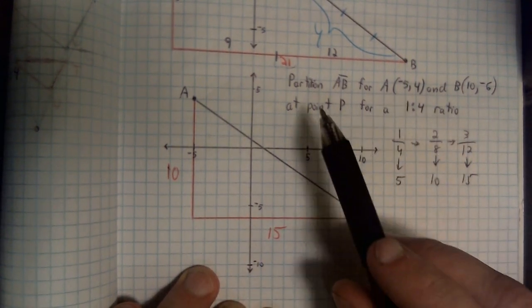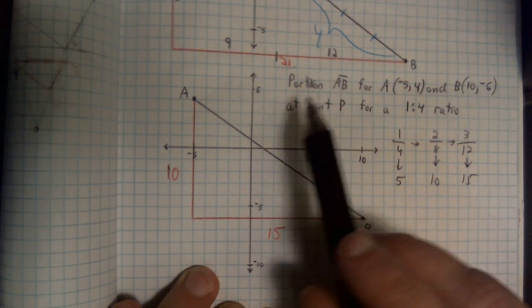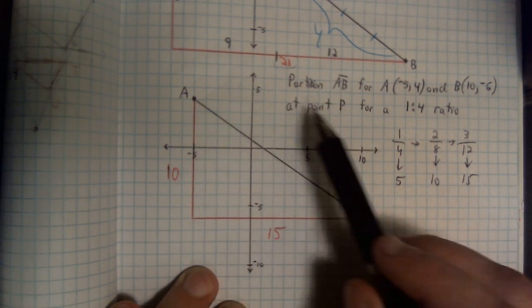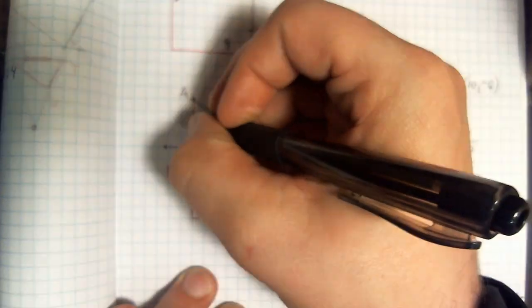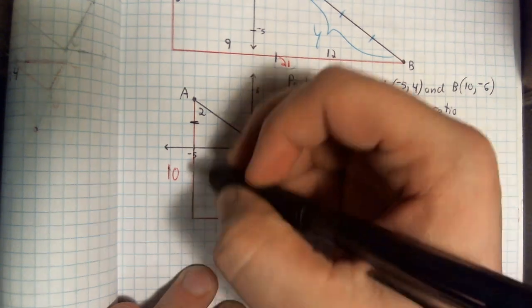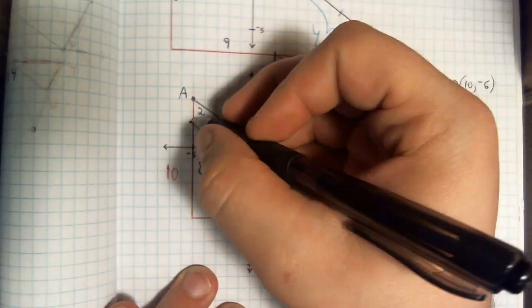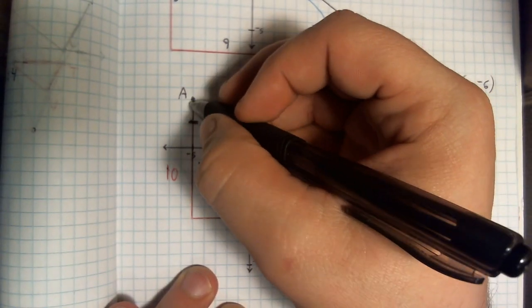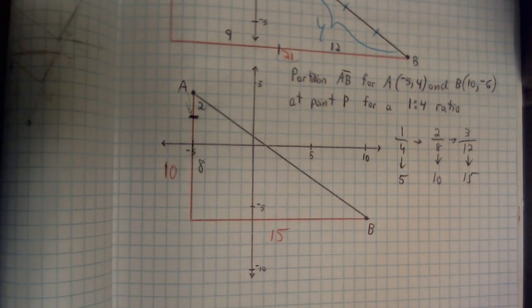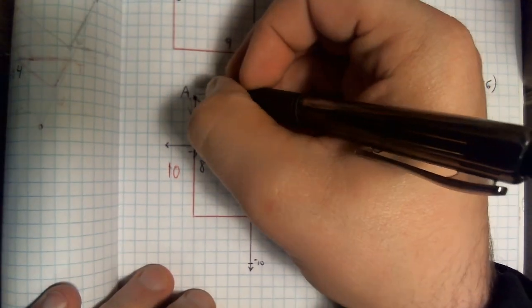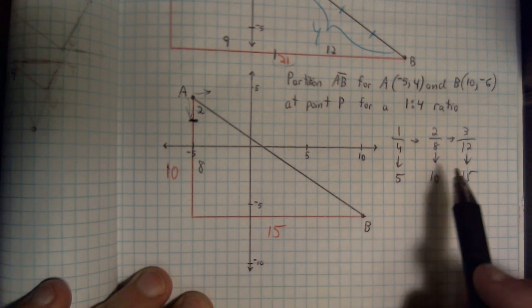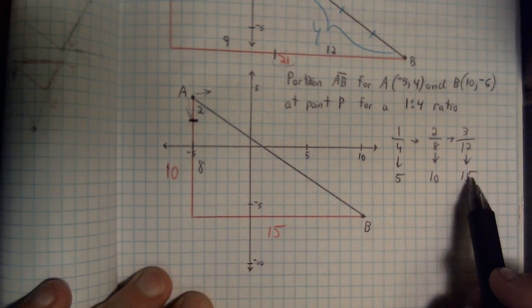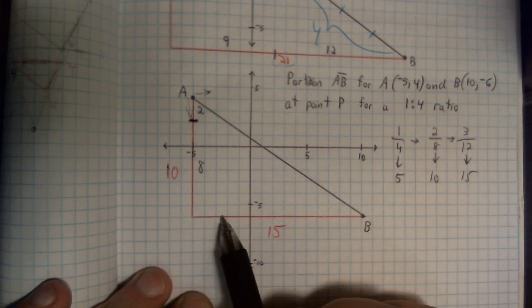Now remember, I'm going from A to B. So I'm going to start at A and I'm going to count down 2 units. 2 compared to 8 gives me a total of 10. So this is the length downward from A that I need to go. I'm also going to be going over in this direction towards B. So when I count over here, I want to count over 3 units compared to 12 to keep that ratio going.